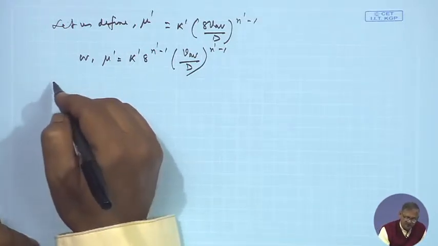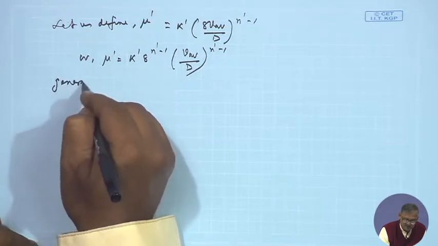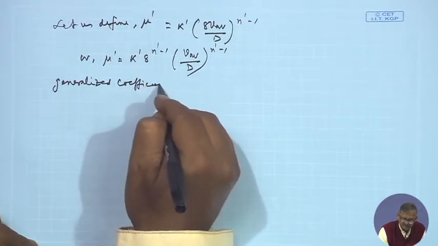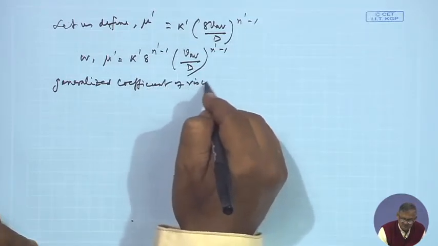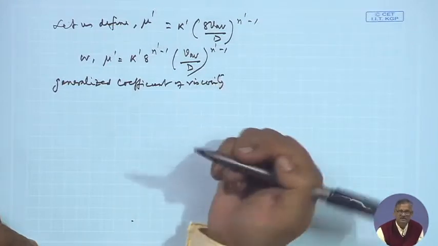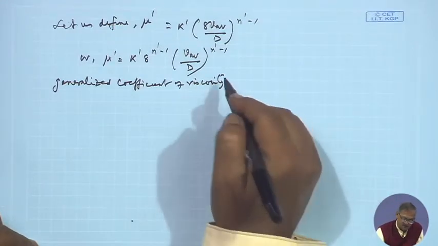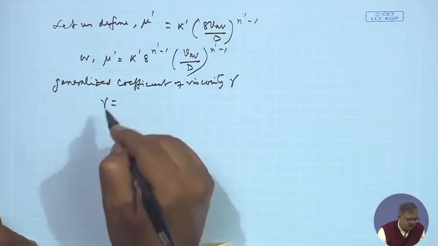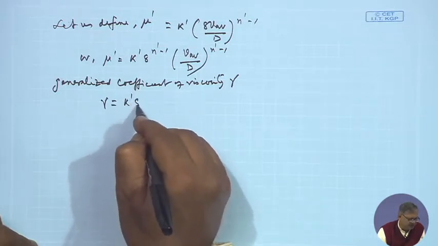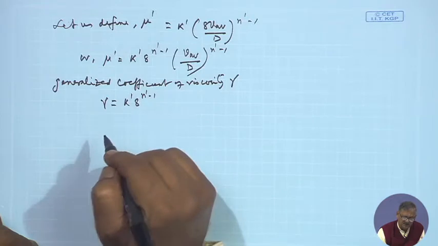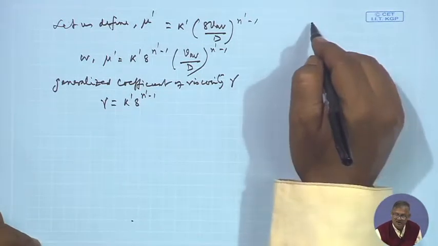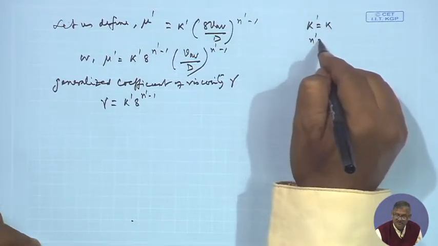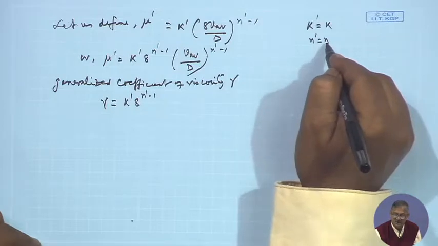So, if we now define the generalized coefficient of viscosity to be gamma, then gamma is equals to k prime 8 to the power n prime minus 1, and we also had earlier found the relation between k prime and k, and we defined that n prime was n, right.